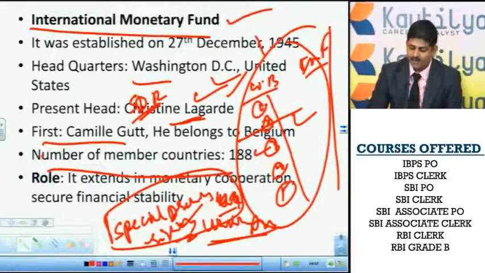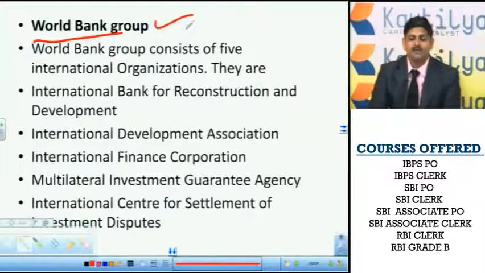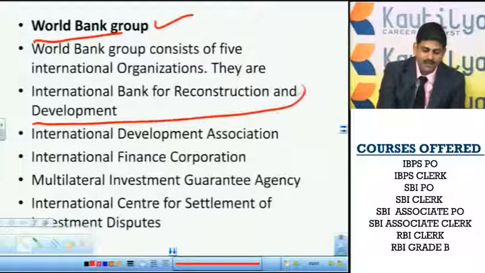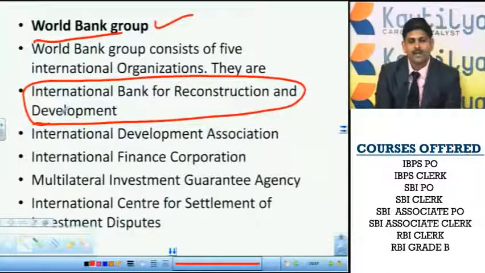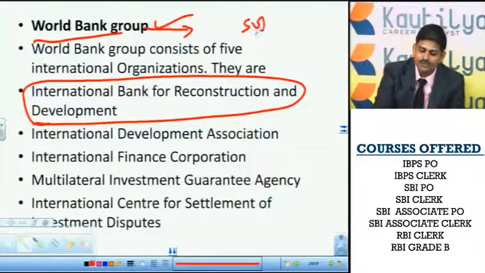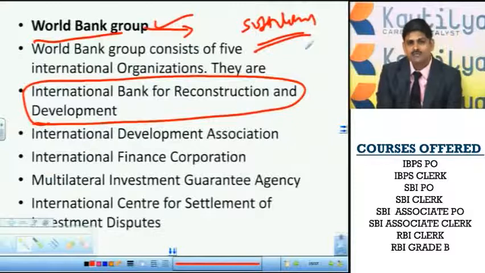Now let us see the World Bank. The World Bank group, as I said, consists of 5 wings, beginning with the International Bank for Reconstruction and Development. The World Bank itself is meant to give soft loans. What are soft loans? A loan given at a low interest or without interest is known as a soft loan.